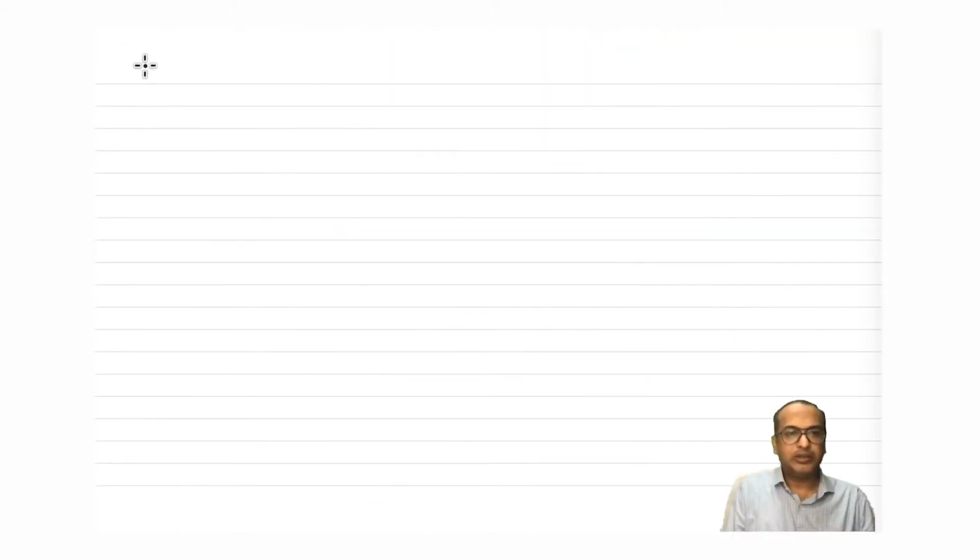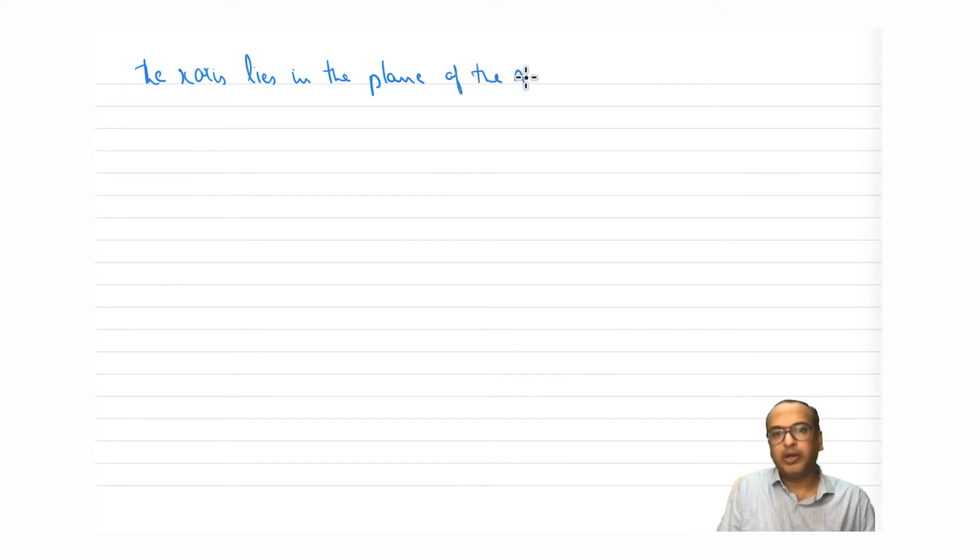In that situation, the x-axis lies in the plane of the molecule and passes through the maximum number of atoms.